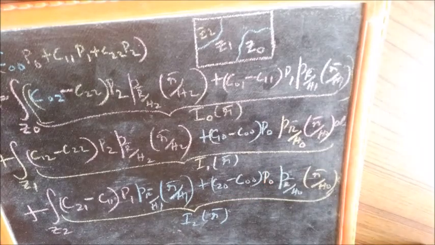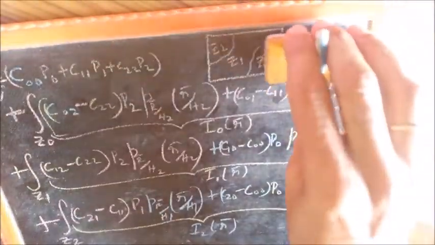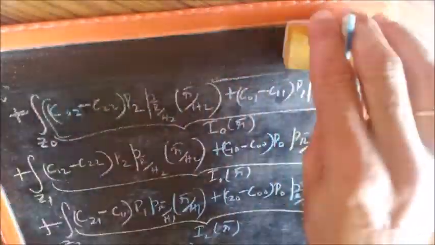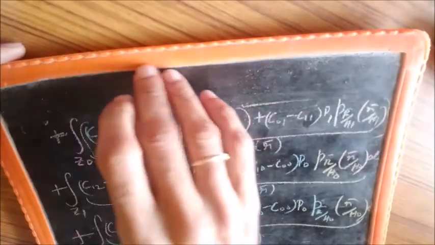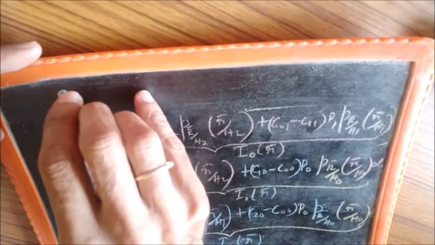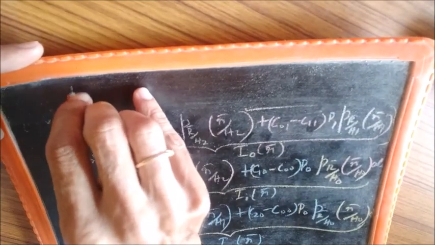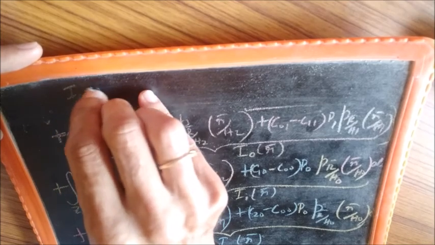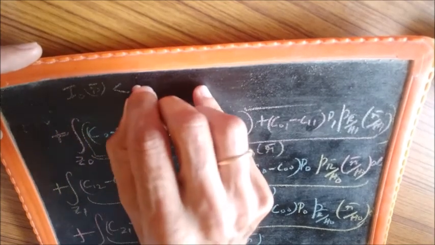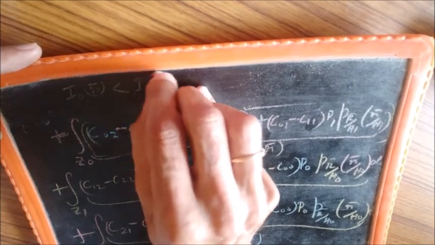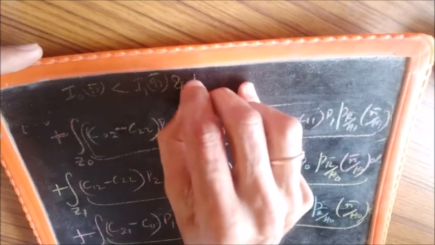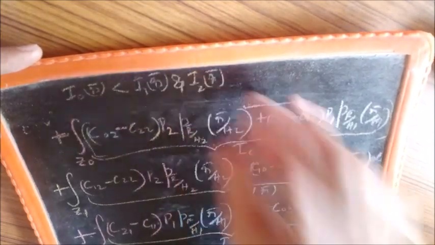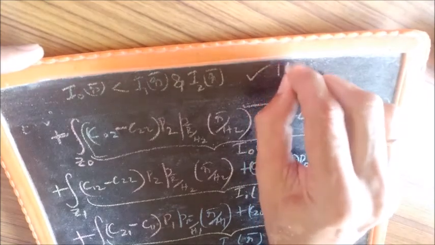So this can be expressed here. Clear some space here. So whatever I said now can be expressed here by writing I0 R less than I1 R and I2 R, declare H0.